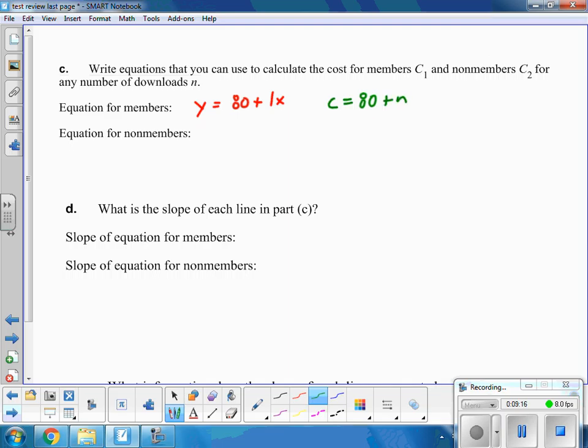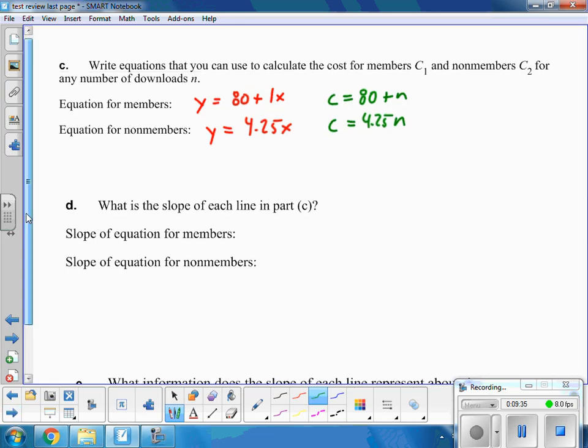For non-members, if we look at it algebraically, it's y equals, I forgot what it was. It's like $4.25. Okay, $4.25. So if we think of it in the story, my cost is going to be $4.25 per each download. What is the slope of each line?